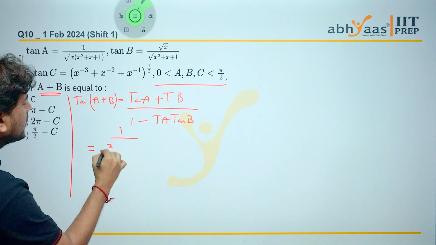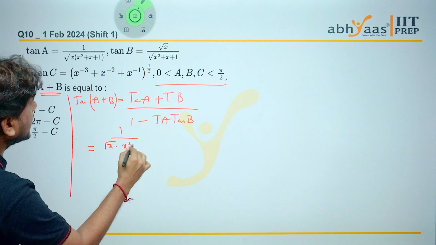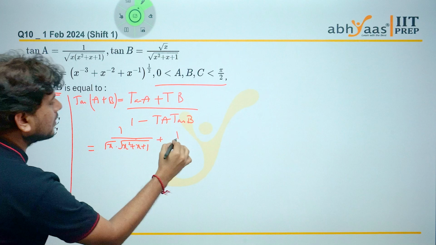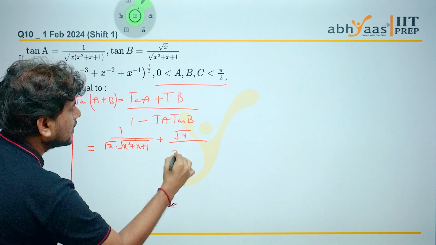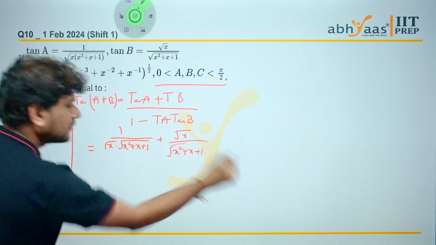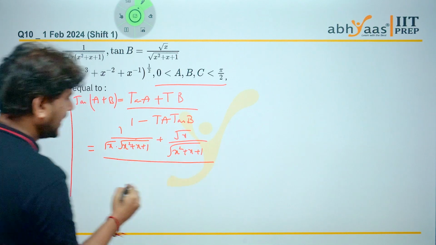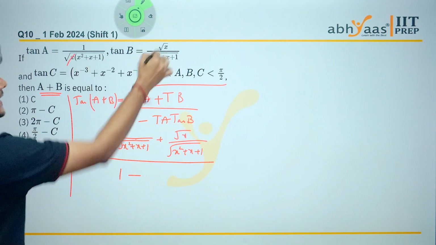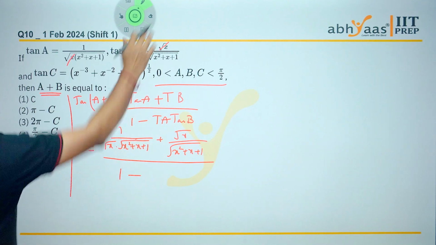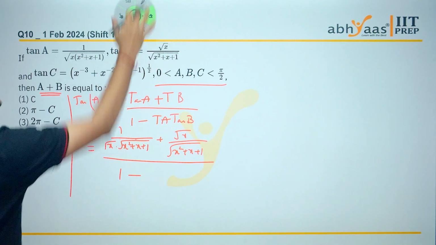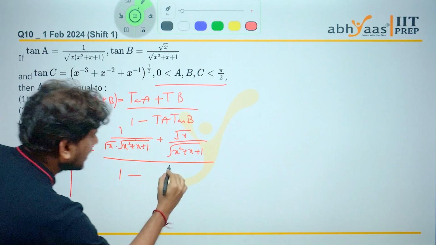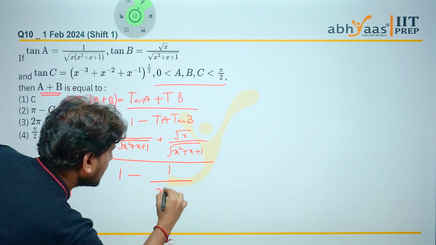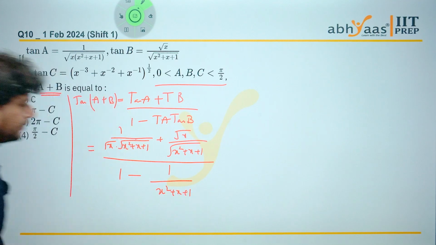So 1 by root x into root x square plus x plus 1, plus 1 root x by root x square plus x plus 1, by 1 minus, we have to multiply this and these get cancelled while multiplying, and we will be left with root of x square plus x plus 1.